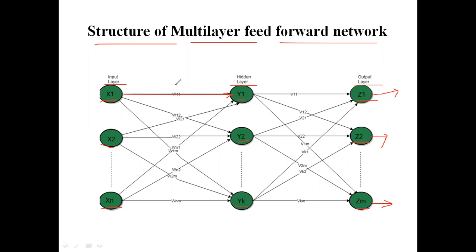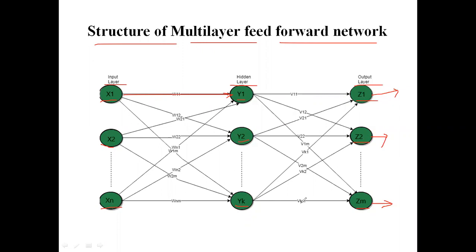These are W1, W2, W3, and these are V11, V12, V21, like this. These are the connections or links between the input layer, hidden layer and output layer, with corresponding weights.